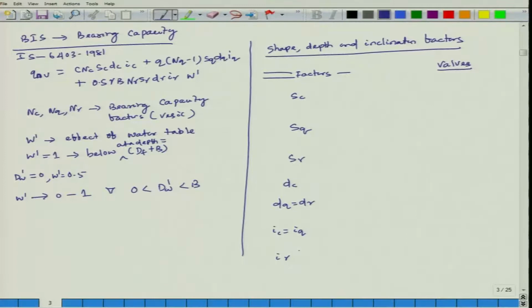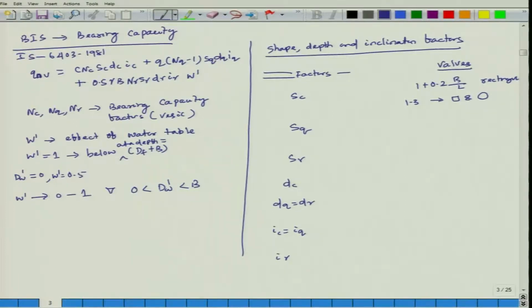Particularly, they have given 1 plus 0.2 B by L for rectangular, then 1.3 for square and circular foundations.